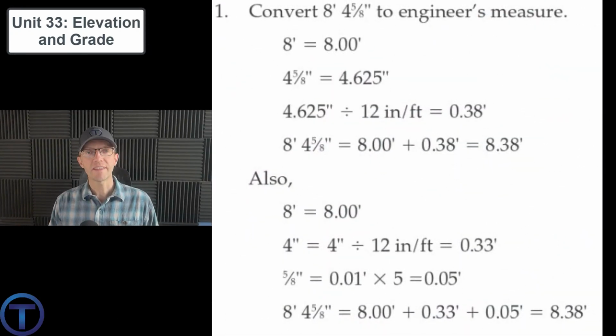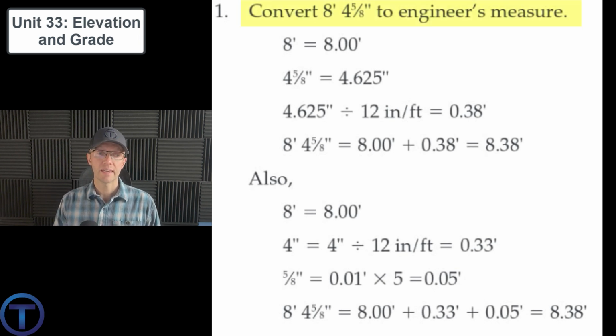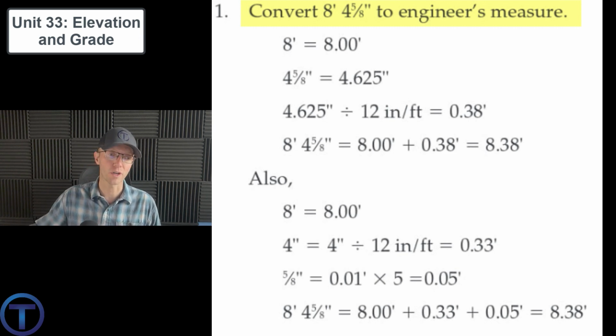Let's have a look at some of the sample problems. You'll be calculating the same sort of thing on your exercises, so let's go through a couple of these. Sample problem 1 says: convert 8 feet, 4 5/8 inches into engineer measure. This is kind of a review. We're going to take that field measurement that we would use with our measuring tape and convert it into the engineer's measure, which is feet and decimal parts of a foot.